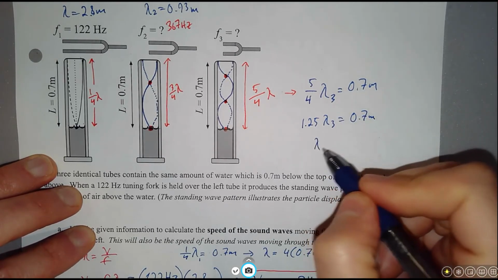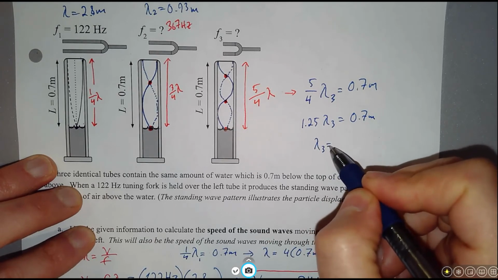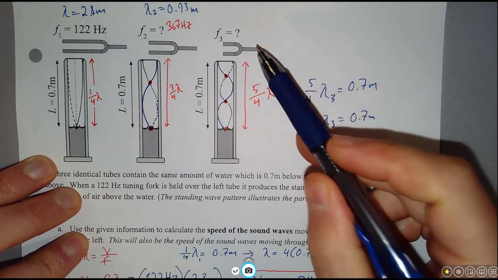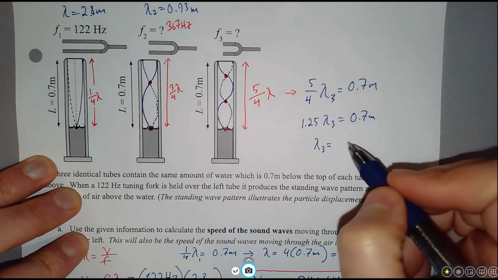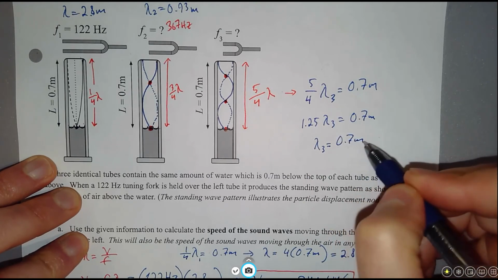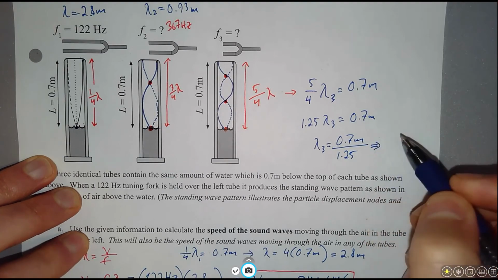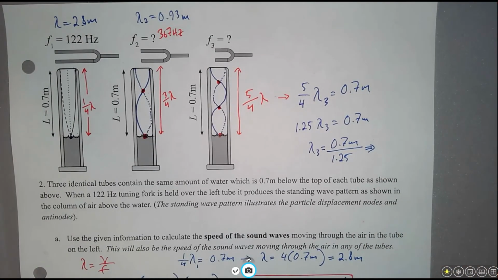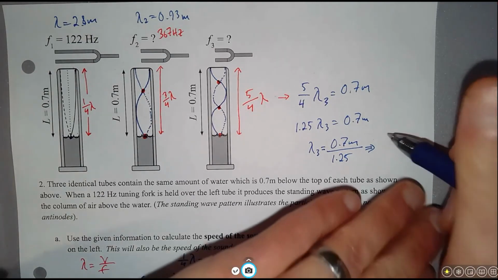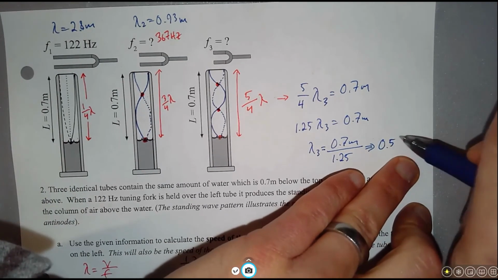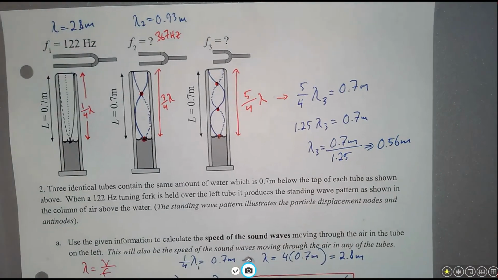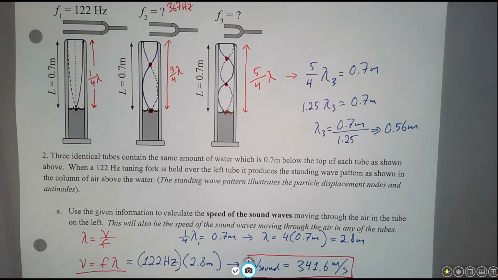That means wavelength number 3, the size of the wavelength created by this third tuning fork, is going to be 0.7 meters divided by 1.25. Taking 0.7 divided by 1.25, we get that the wavelength the third tuning fork would need to create is 0.56 meters.